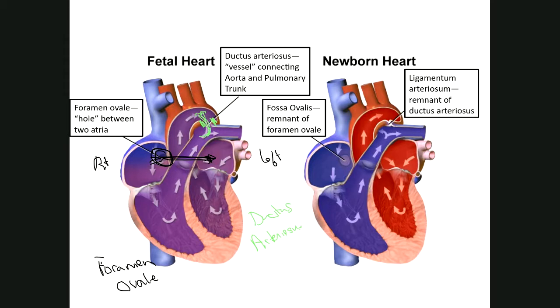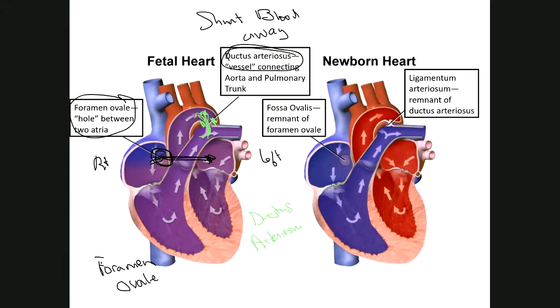So less blood goes to the lungs. So there are these two adaptations, the foramen ovale and the ductus arteriosus. And again, they both shunt blood away from the lungs because the lungs aren't working.